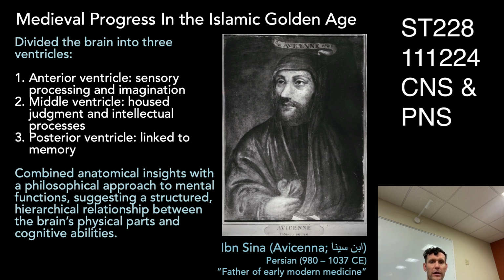So even though he was wrong about them, that general notion of functional hierarchy, or we'll put it this way, structural hierarchy as being the foundation for functional cognitive hierarchy, was a new articulation that he gave us. So that was kind of pushing it forward, even though all the details he had, at least in terms of the cognitive hierarchy and this philosophical connection to the brain, were completely fictitious.